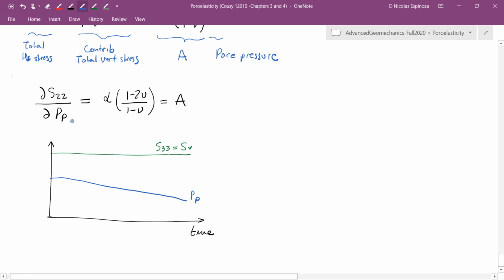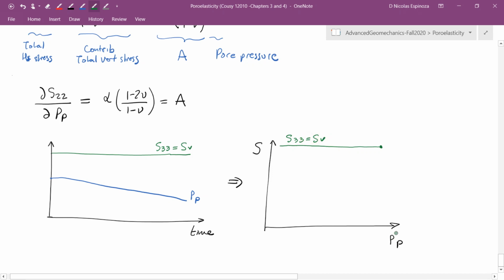As a result, and according to these equations, if I plot now total stress on the y-axis and pore pressure in the x-axis, and let's say that I start at a point somewhere over here, as I decrease the pore pressure, the total vertical stress is not going to change. So this is going to be a flat line.